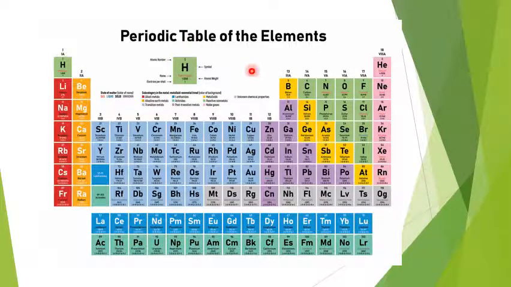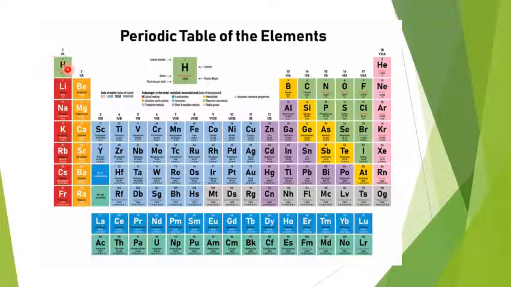But the main thing you've got to know here really is that the elements right of this yellow are called nonmetals, and the elements left of this yellow are called metals. These guys in the yellow are called metalloids because they sort of have behaviors of both nonmetals and metals.